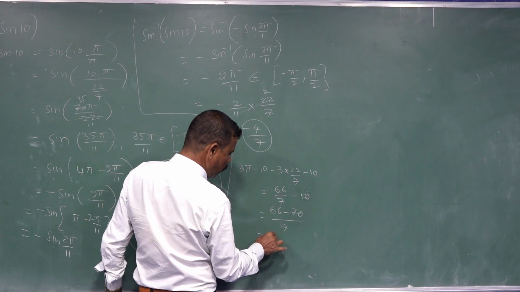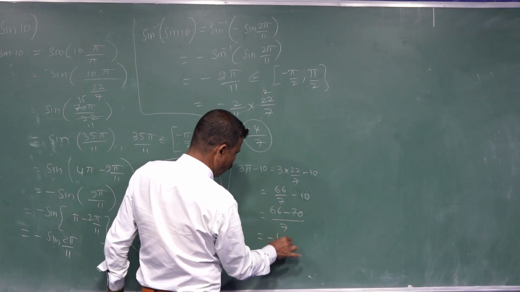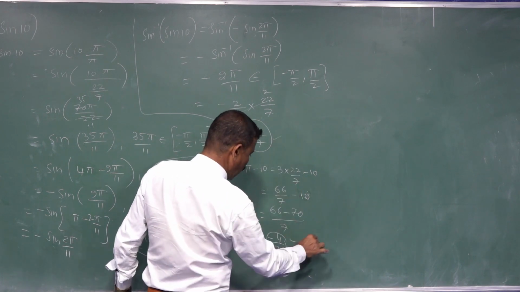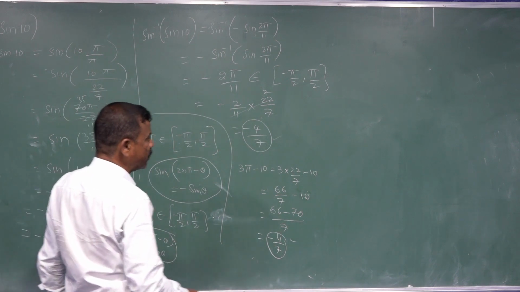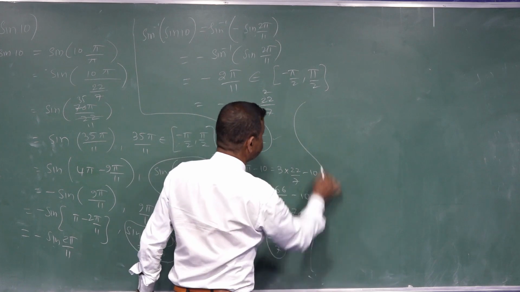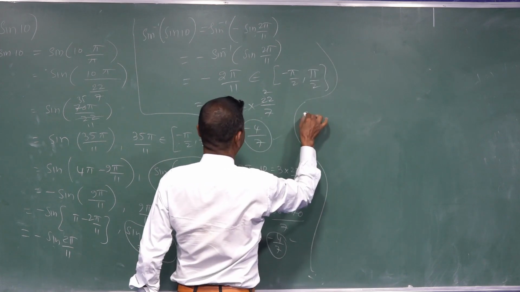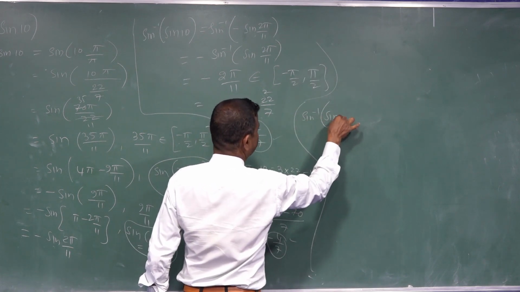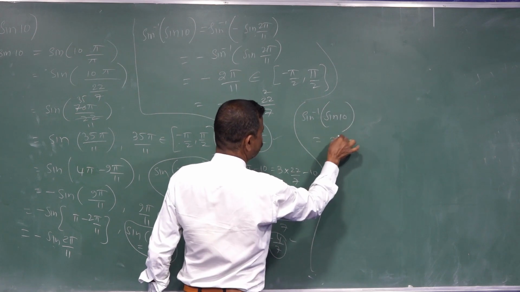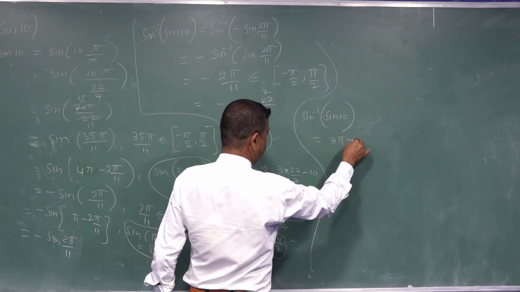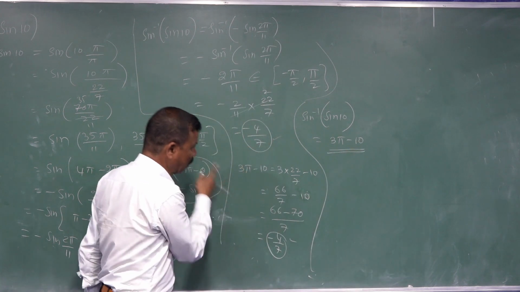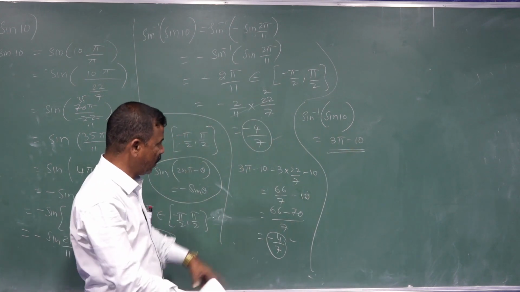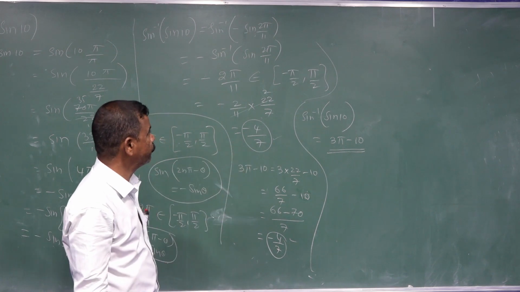So this value is minus 4 by 7. This value is the same. That's why on simplification, sine inverse of sine 10 is equal to 3 5 minus 10. Both are equal. That's why 3 5 minus 10, otherwise minus 4 by 7. Okay.